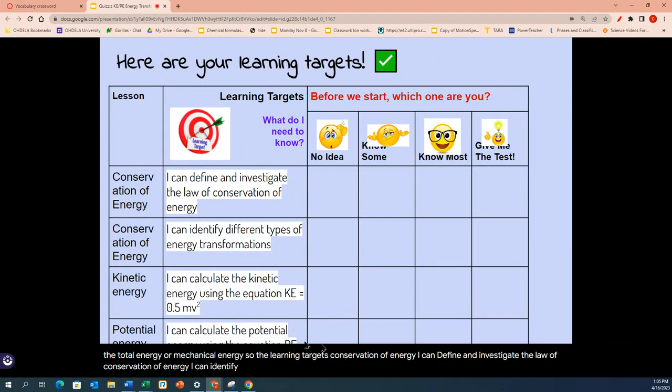I can identify different types of energy transformations, and I can calculate potential energy, which is mass times the force of gravity times the height. Kinetic energy is 0.5 times the mass times the velocity squared, or the velocity times the velocity.